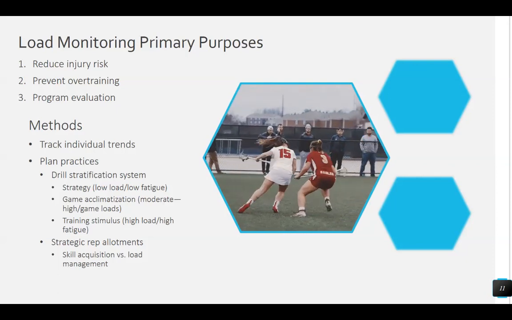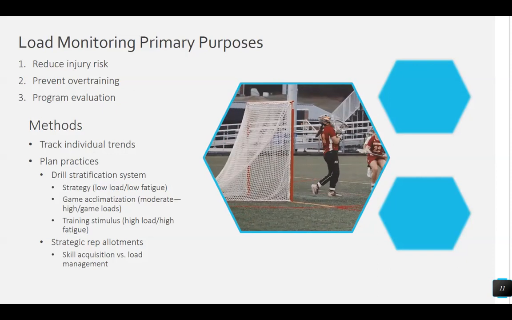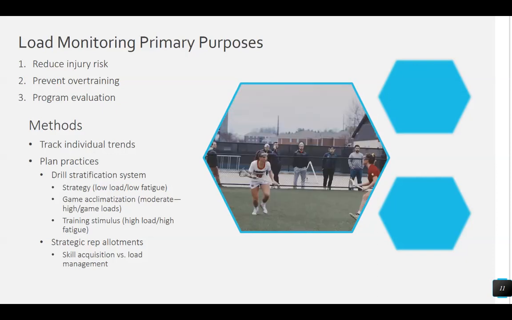So our girls get up early, they start practice at 6, and on the conditioning days, which they do twice a week in the off season, they're going to have a lot more focus on the high load, right? But it's also high fatigue because they're doing high intensity, they're doing pretty long duration or high quantity, and that's going to be a good training stimulus, right?